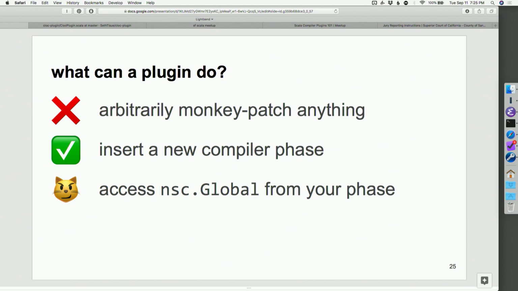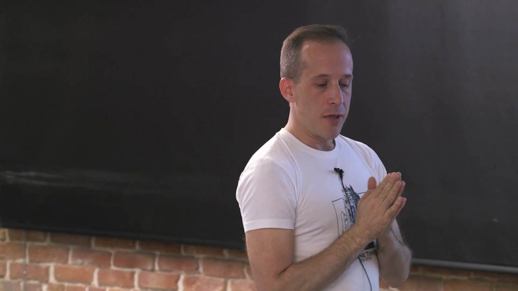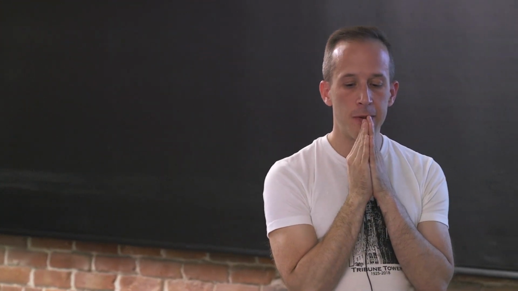Because this is the JVM, you don't have the ability to just arbitrarily reach into any class in the compiler and change anything you want. You don't have totally arbitrary freedom.